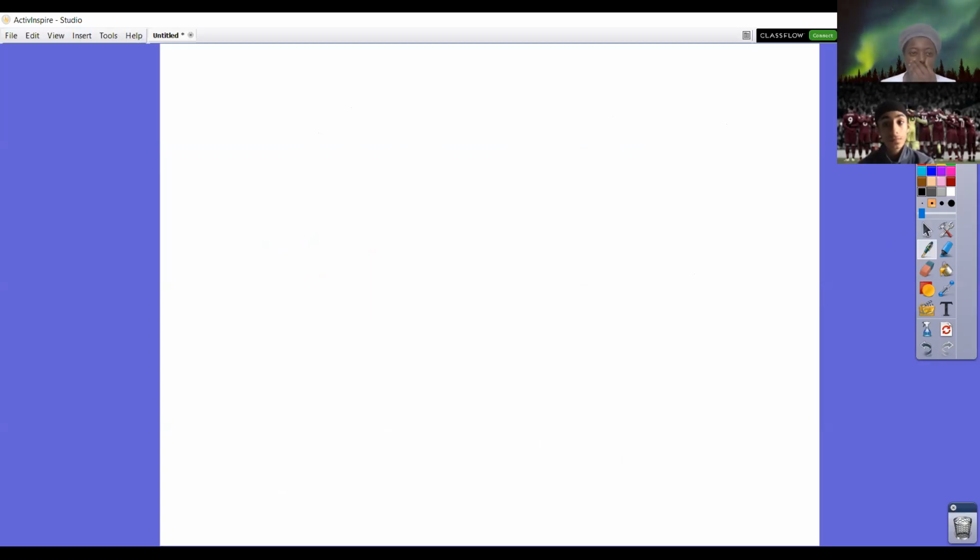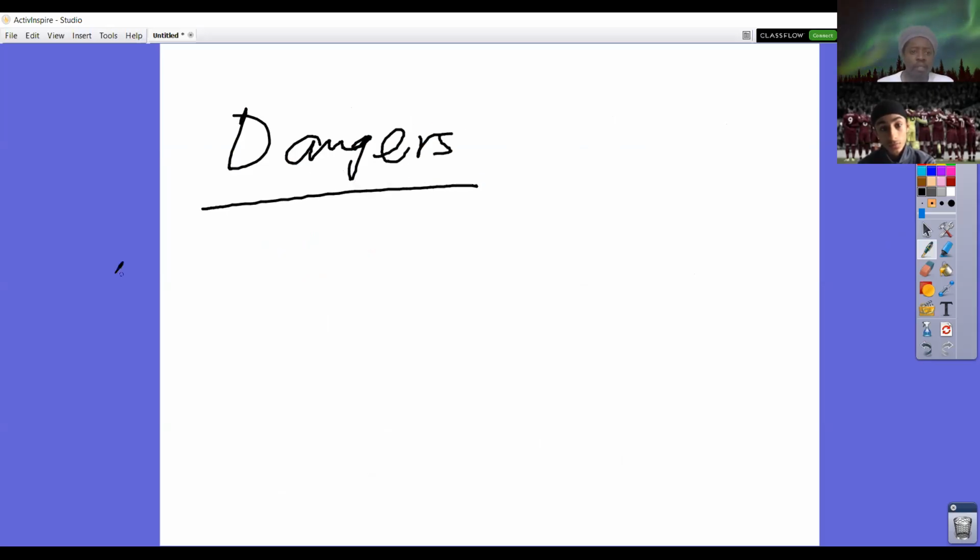The next thing we can add on is the dangers of radioactivity. So what do you think some of the dangers are? Well, it can make you a bit deformed. Like asking this in your exam: because it's ionizing, it can damage cells.